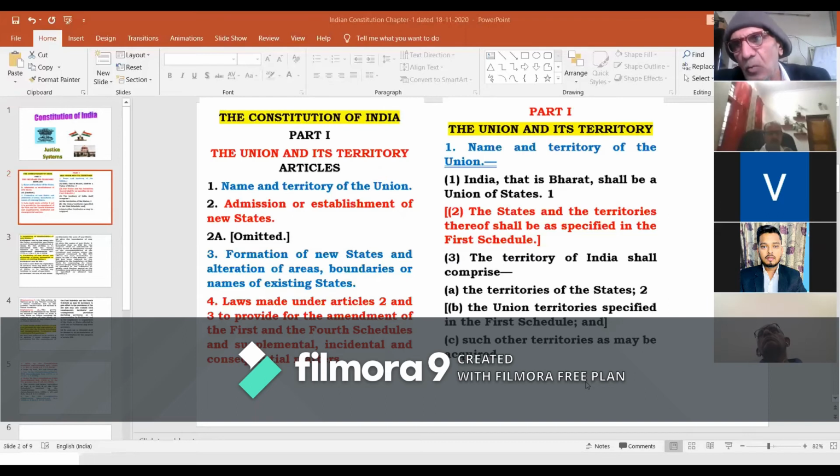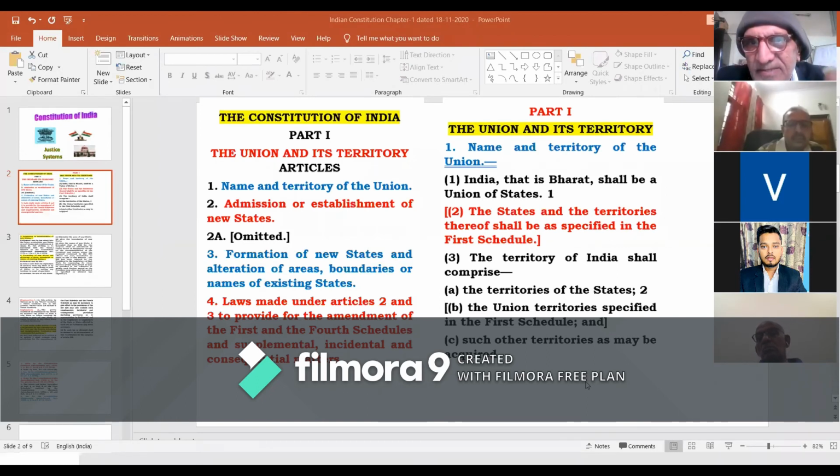Once we are conscious, once we are alive, once we are on the parallel mental pedestal, then we can say that yes, we are having proper initiation to be educated as per the values of the Constitution of India.